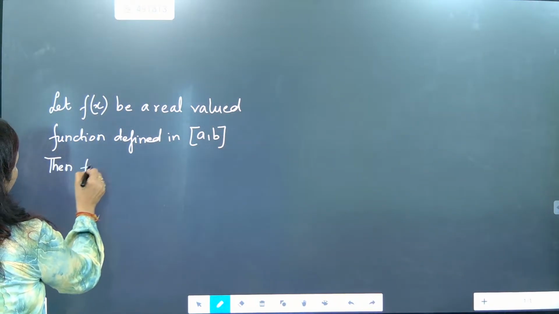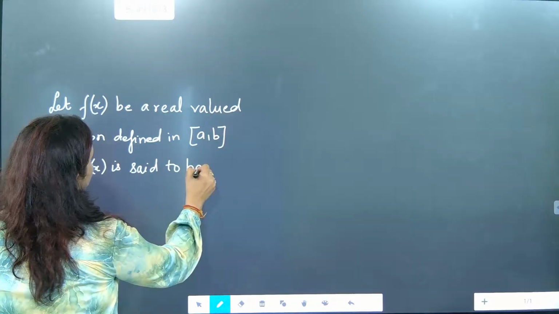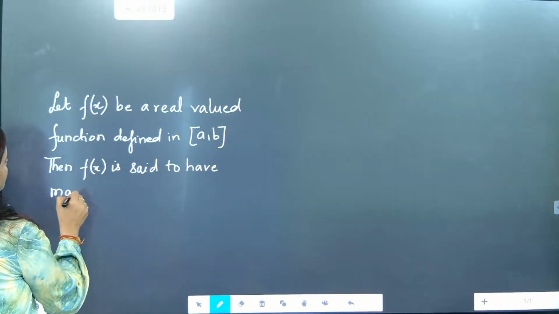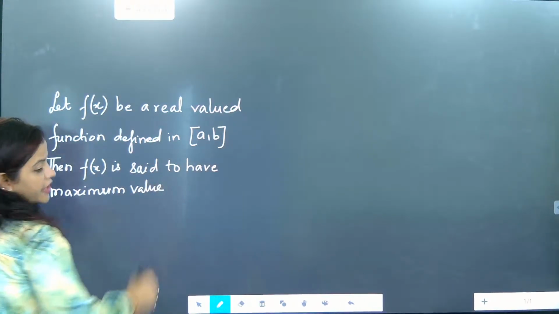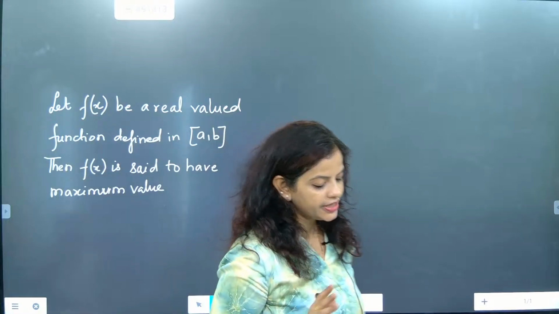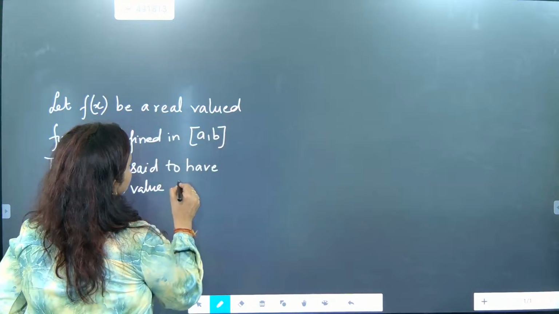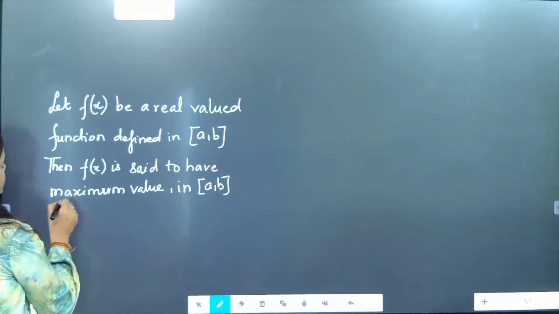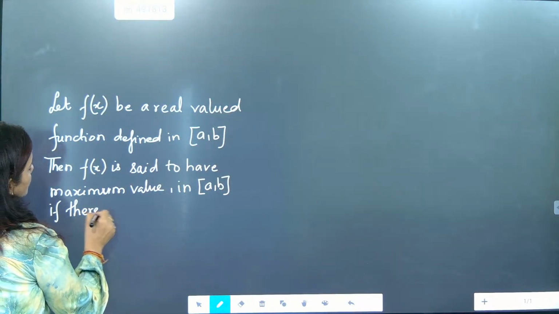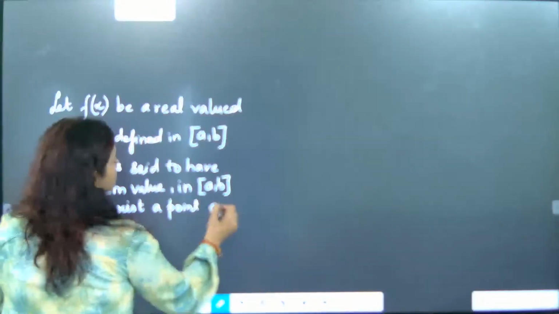Then f of x is said to have maximum value in closed interval AB if there exists a point C which will be belonging to this closed interval AB.